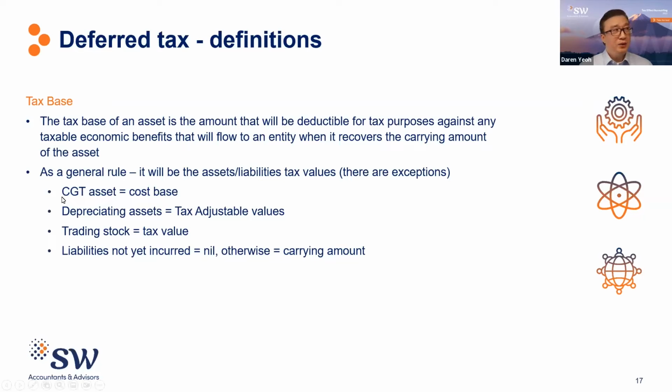Now, I'll come back to the tax base of a CGT asset because it depends on whether you are holding the asset for use. That means you're using it to generate sales or services income, or you're holding an asset for sale. Now, the two common areas that could give rise to errors, one is intangibles. So let's say you acquire trademarks or brand names or customer contracts or customer relationships.